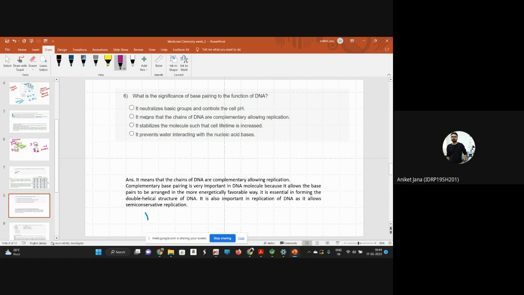So one purine base makes a non-covalent hydrogen bonding interaction with a pyrimidine base. This kind of bonding interaction we refer to as base pairing in DNA. Right. So what is the function of this base pairing?